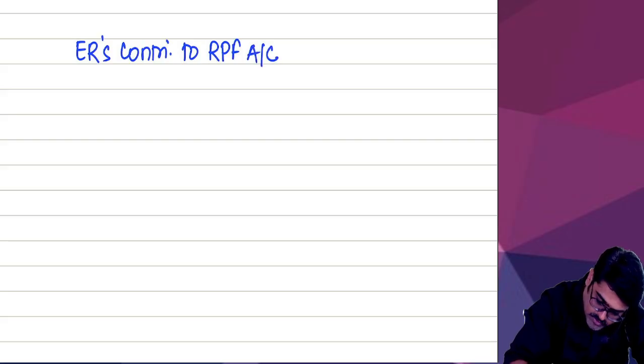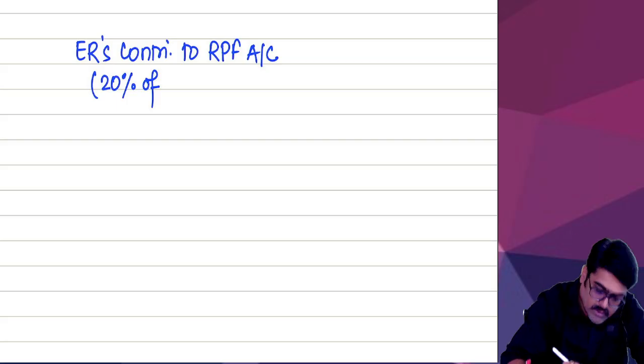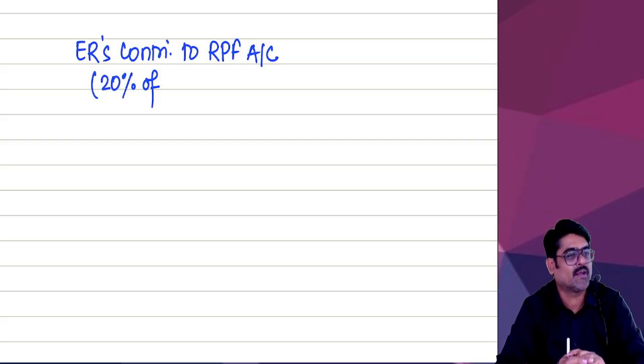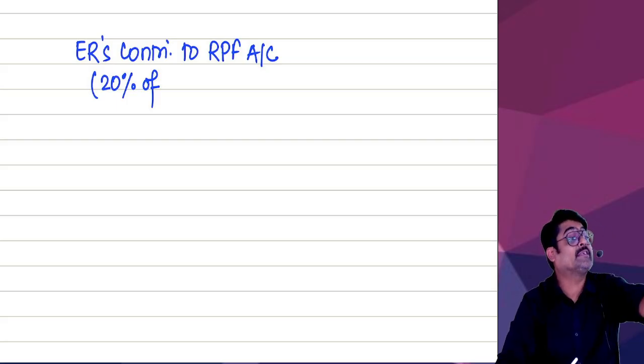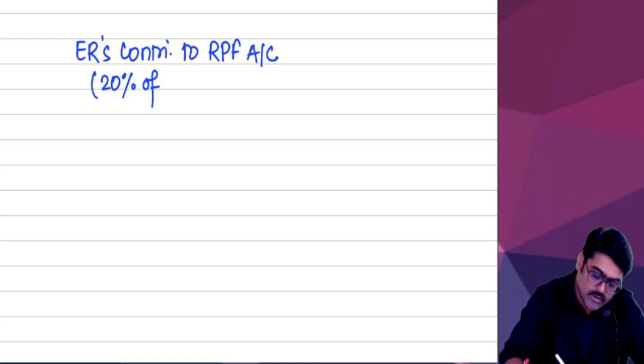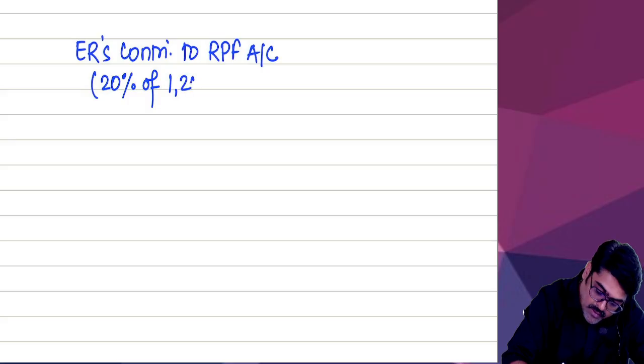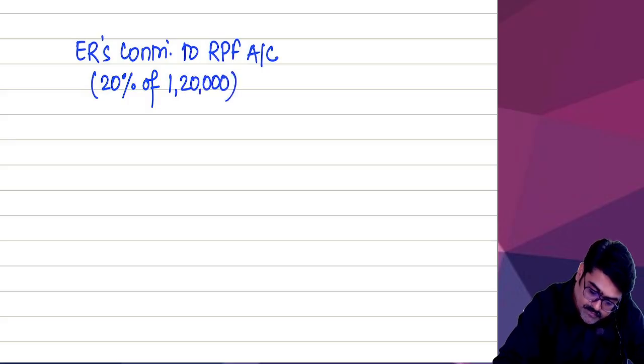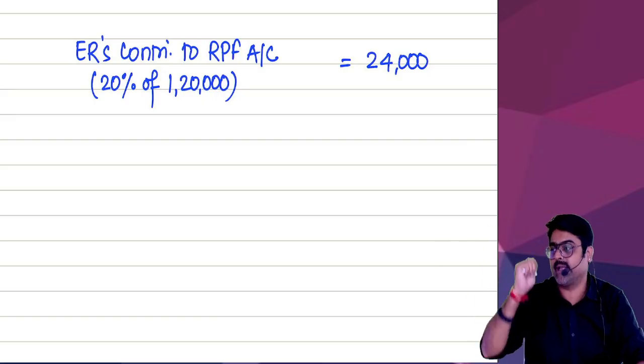Tell me how much contribution he is doing. 20% of salary or basic salary? It is specifically mentioned in the question that you have to take 20% of basic salary. So 20% of 1,20,000, as 1,20,000 was the basic salary. Tell me how much. So employer is actually contributing 24,000. This is the actual amount contributed by the employer.